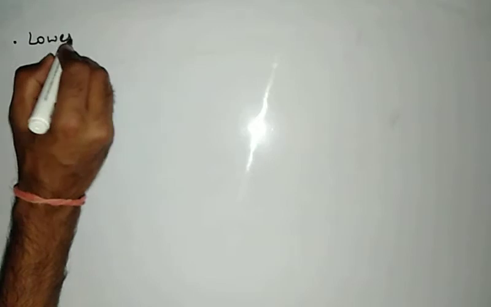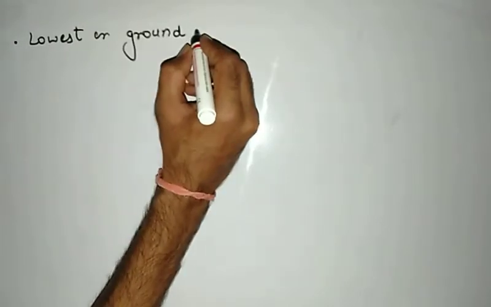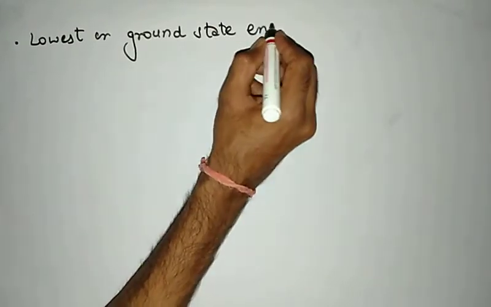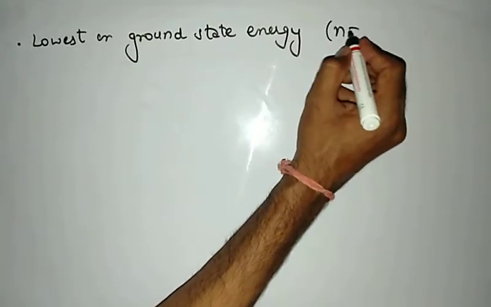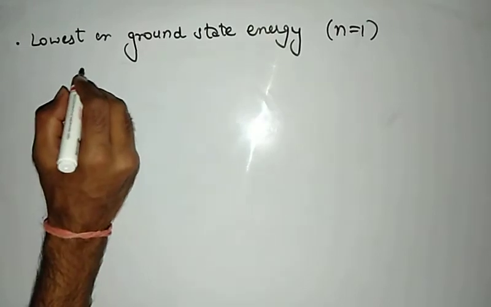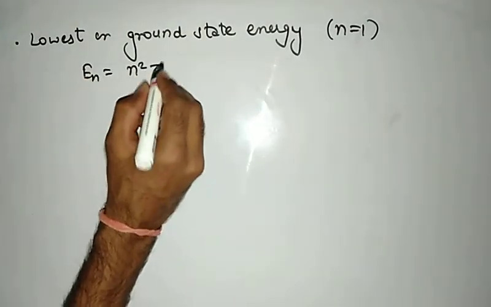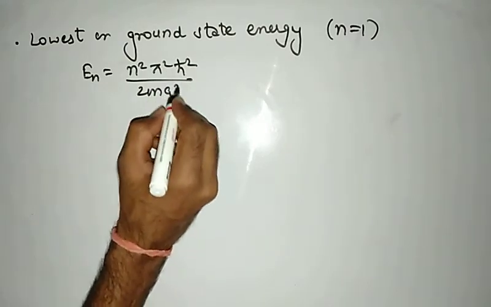Now, the lowest or ground state energy will be for n equal to 1, since En is equal to n square pi square h cut square upon 2m a square.